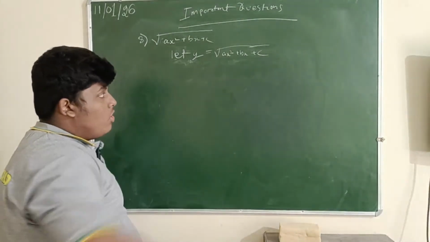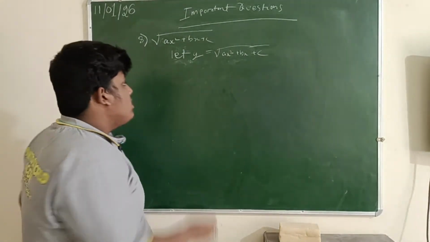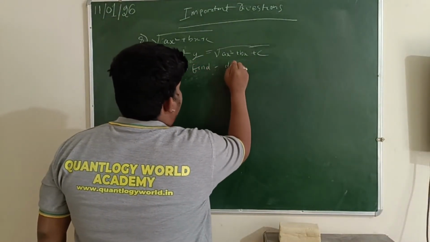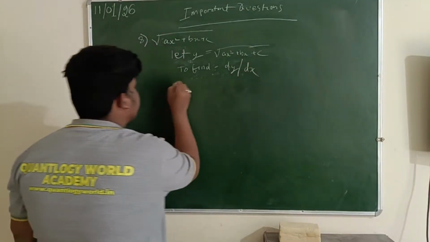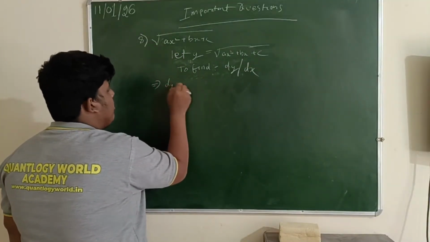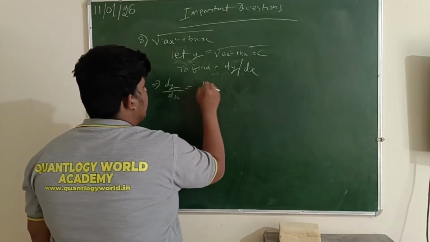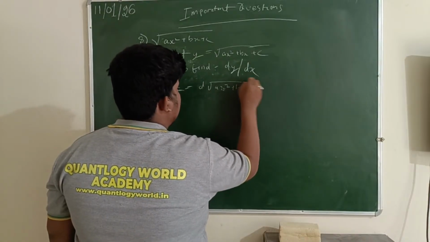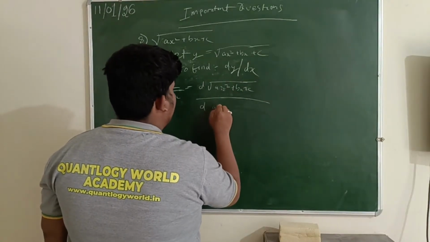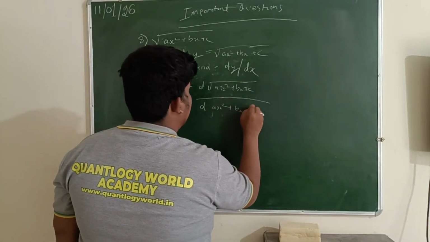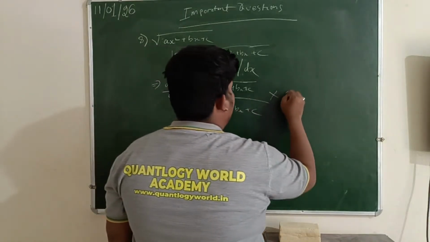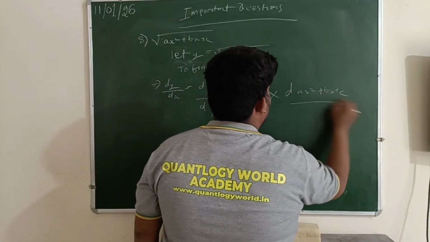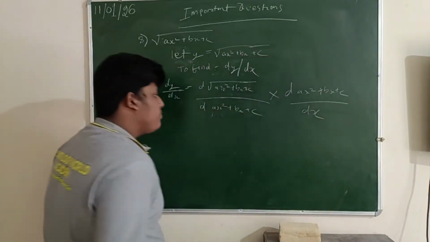To find dy by dx. Implies that dy by dx equals d root of (ax square plus bx plus c) by d of (ax square plus bx plus c), into d of (ax square plus bx plus c) by dx.